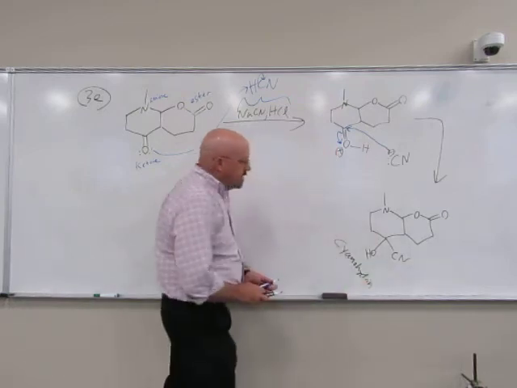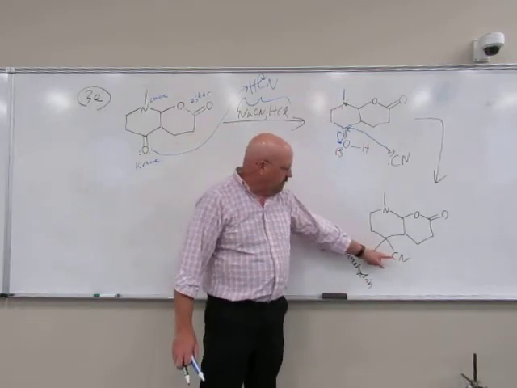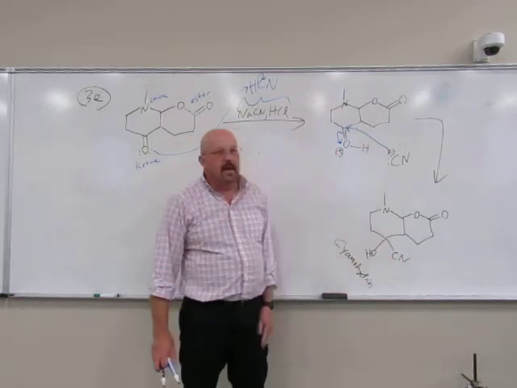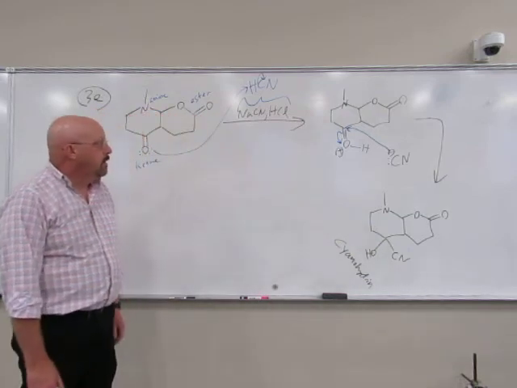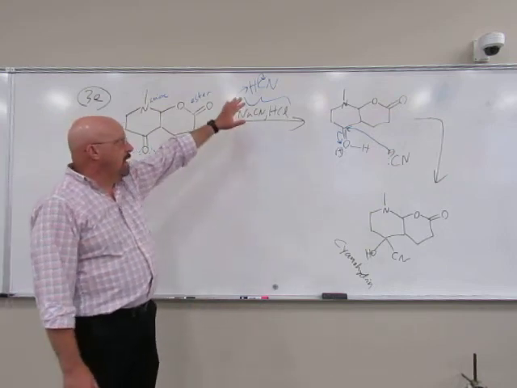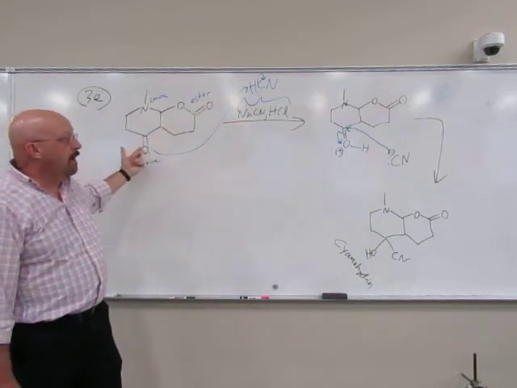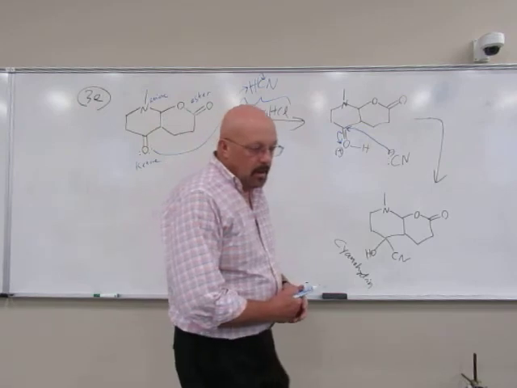Now, if you recall, a cyanohydrin has a nitrile and an OH attached to the same carbon. That is a cyanohydrin. So we make those by reacting hydrogen cyanide with aldehydes and ketones. Questions on that?